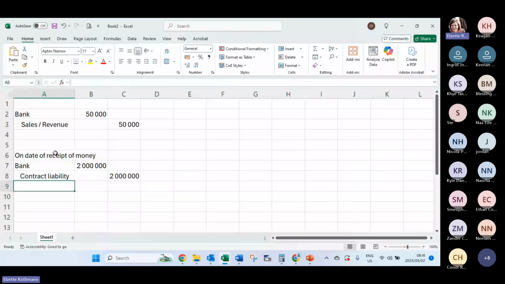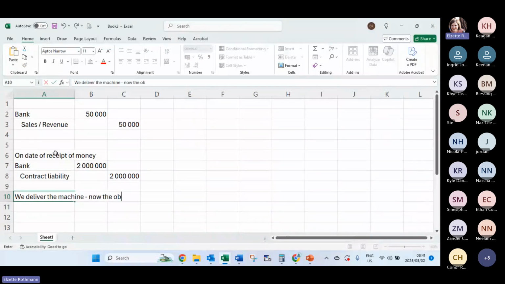And now when we deliver, let's say the machine, like in my example, on the day that we deliver the machine, now the obligation is met. Sorry. Now we recognize revenue.